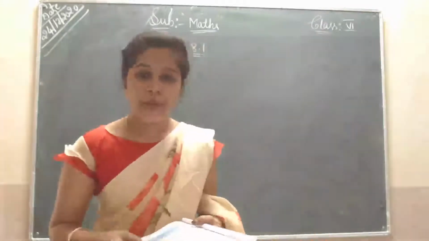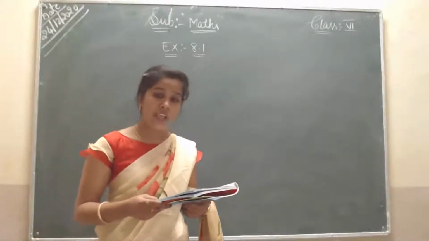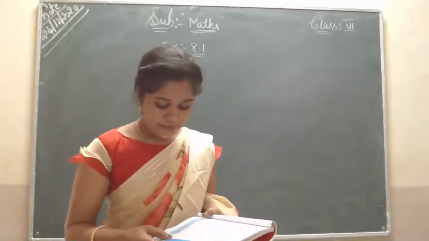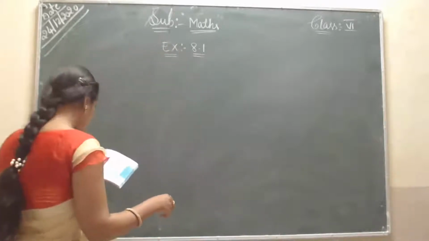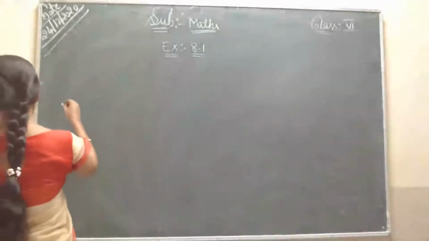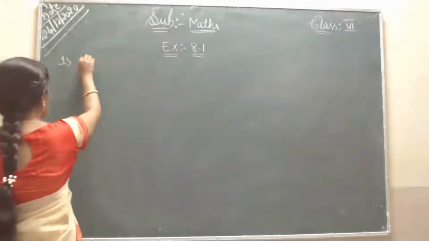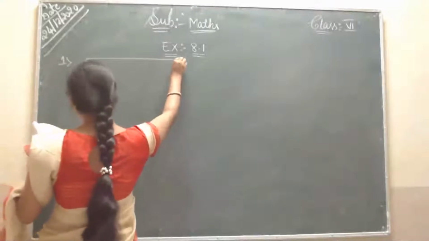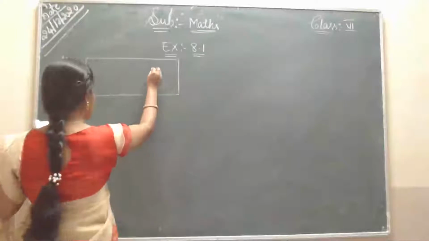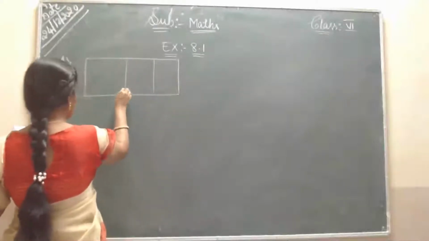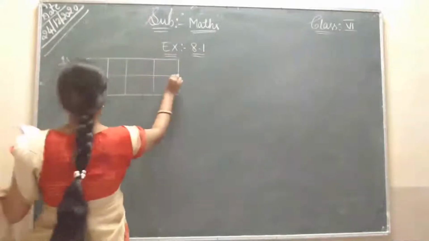In this exercise 8.1, first one, students, write the following as number in the given table. The table is given: tens, ones, tenths, hundreds. See page number 35, see the diagram and write values in this table.